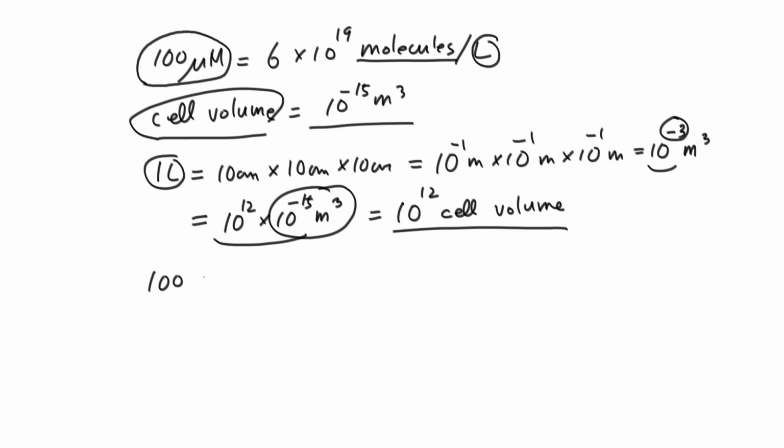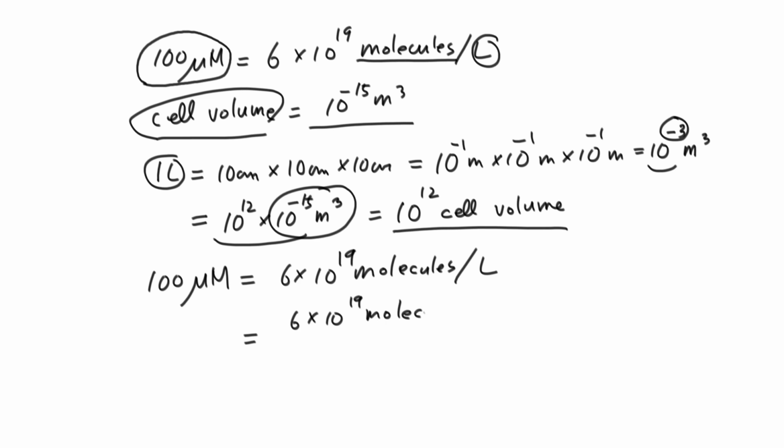So finally, we want to represent 100 micromolar in terms of molecules and cell volume. So this is equal to 6 times 10 to the power of 19 molecules per liter. And this is equal to 6 times 10 to the power of 19 molecules divided by, so this is 1 liter, and we know that that's equal to this number, right?